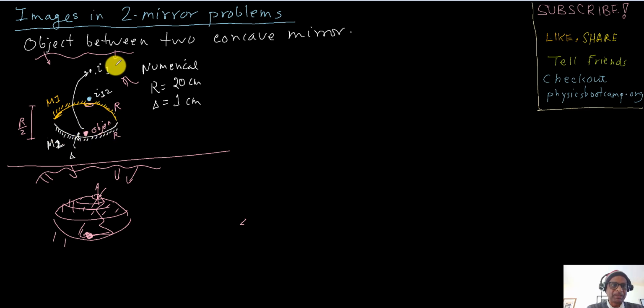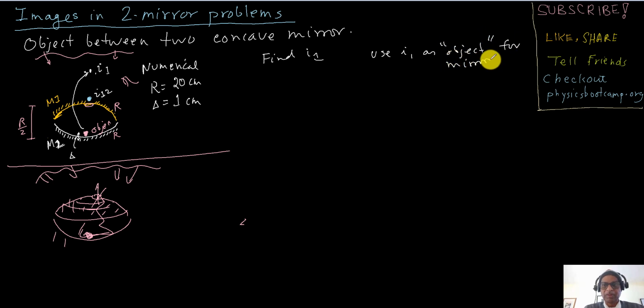So to find I1, use I1 as the object for mirror M2 and locate I12. You will see that I12 is very close to there, and actually right at the hole, if this object is right touching the base here.